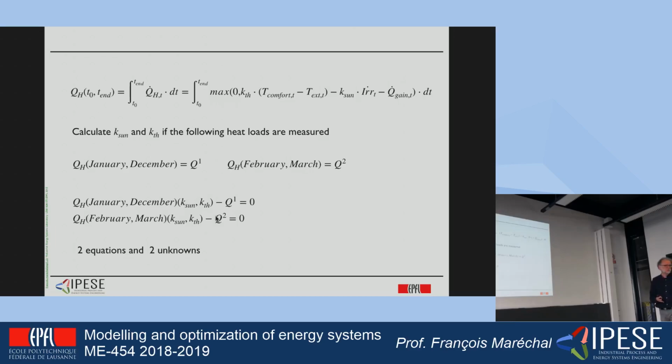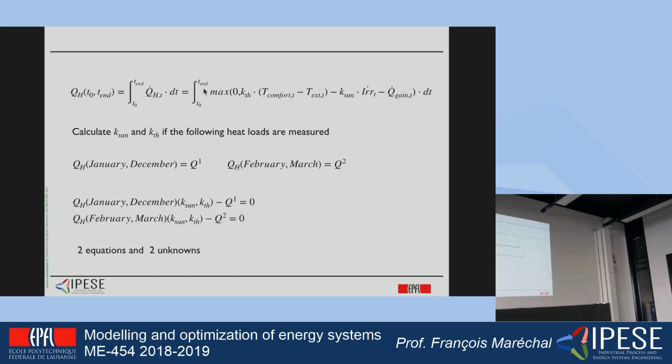Two equations, two unknowns. Okay? With one difficulty: the equation is very special because of the max that is here. It means that it's not so easy to solve in an analytical way.